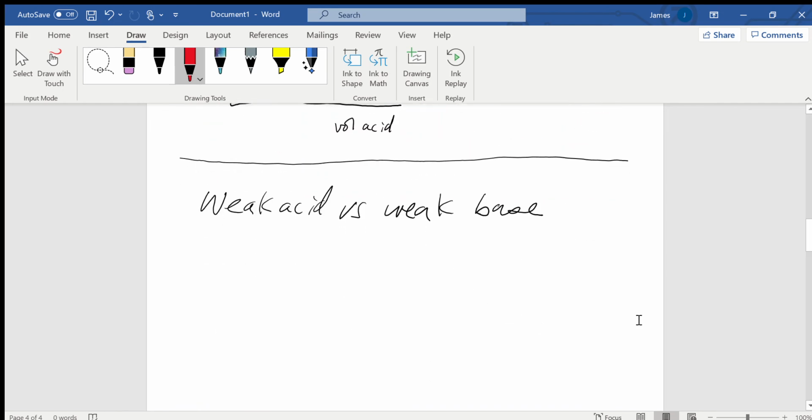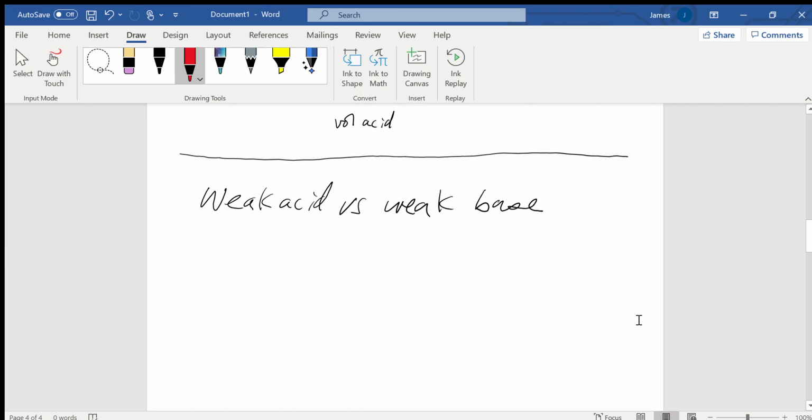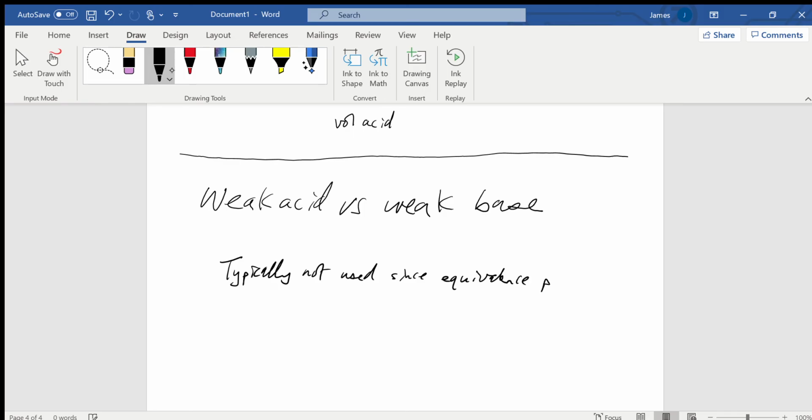Okay, weak acid, weak base, we tend not to do. So typically not used, since the equivalence point would be less easily measured.